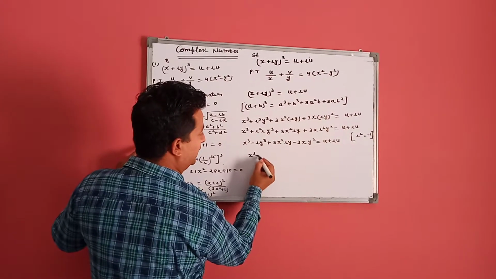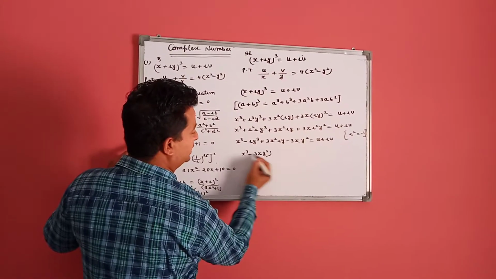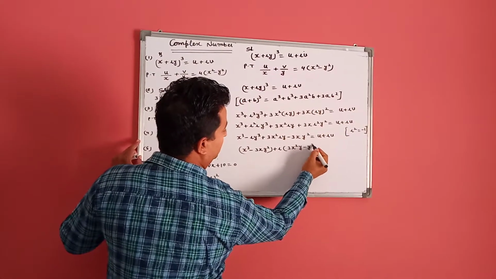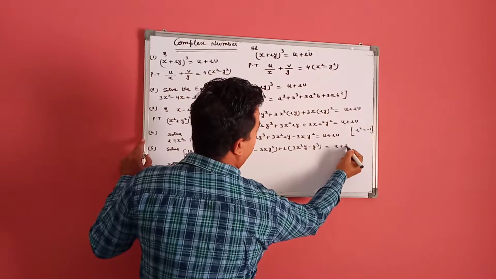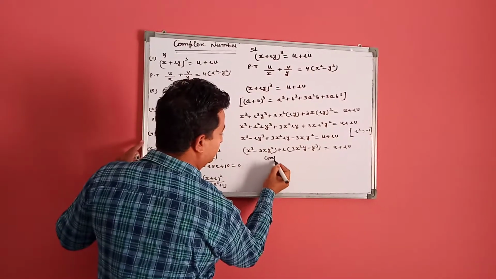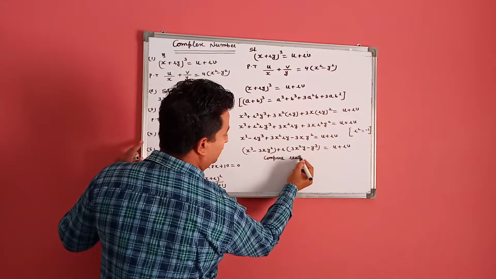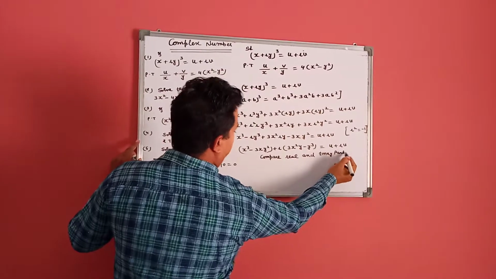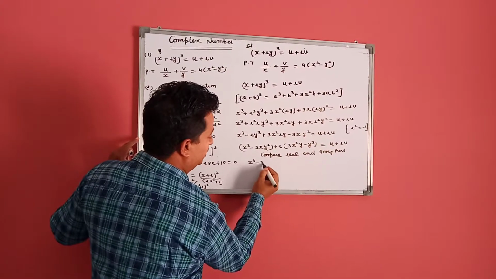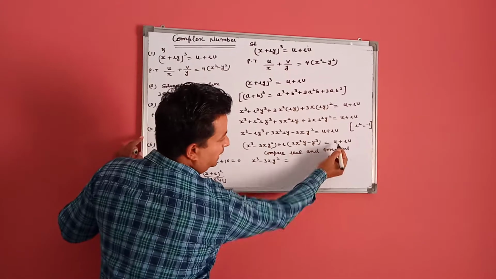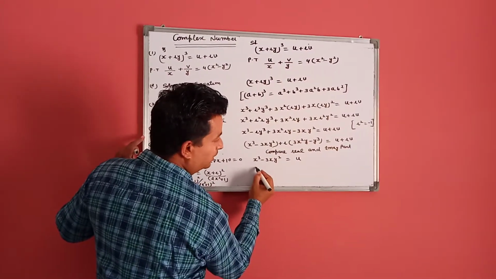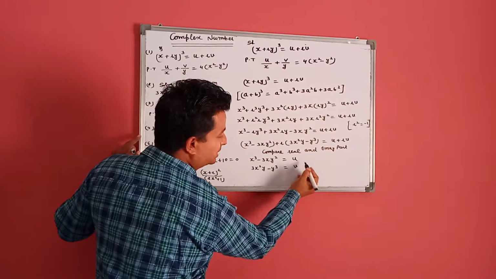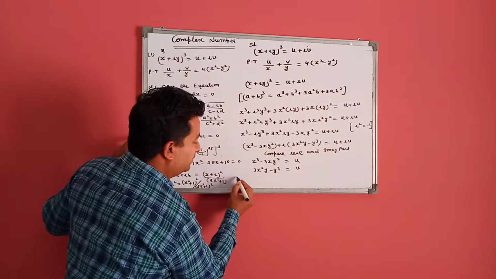Take the real part, x³ − 3xy², and the imaginary part, 3x²y − y³, equal to u + iota v. Compare real and imaginary parts. On the left hand side the real part is x³ − 3xy², and on the right hand side u. On the left hand side the imaginary part is 3x²y − y³, and on the right hand side the imaginary part is v.